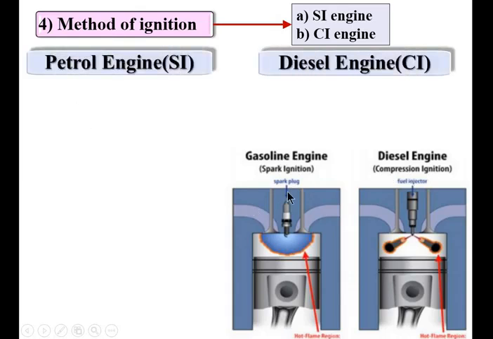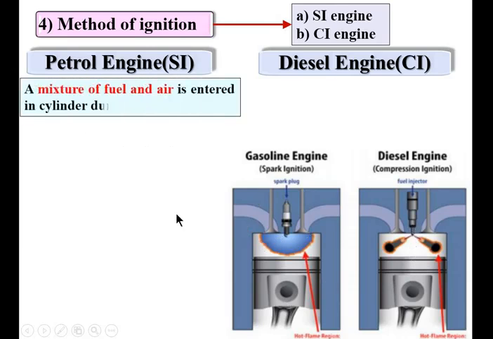So simply you can say from this figure, in spark ignition engine, spark plug is used to ignite the fuel, whereas in case of diesel engine, fuel injector is used to supply the diesel at high pressure.